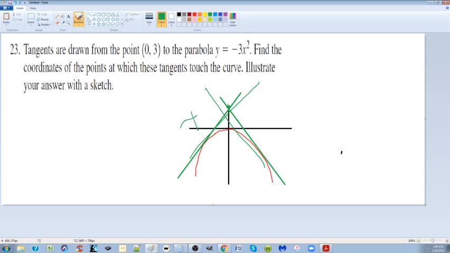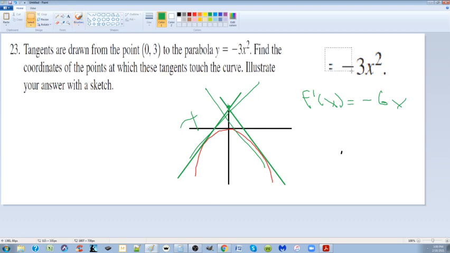Let's see. Okay, so first of all, we know the point, and we know the point between x and y, and we know what the tangent formula is. The tangent formula, f prime of x, is equal to minus 6x.